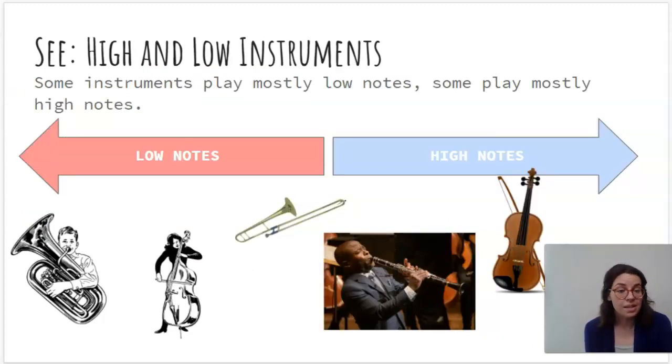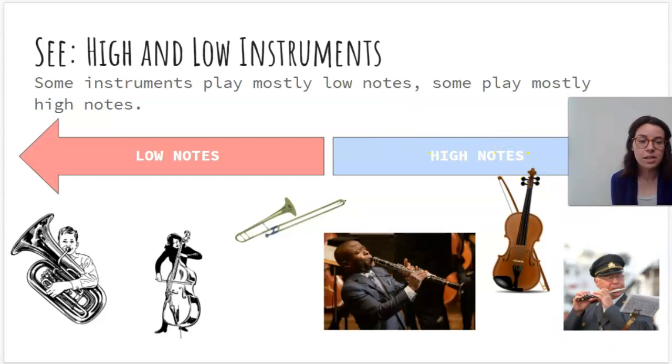We also see some instruments that can play high or can play low. Some instruments play mostly low sounds, and some instruments play mostly high sounds. The first instrument we see is a boy playing a tuba. The tuba is really big, and the sound that it makes is very low.